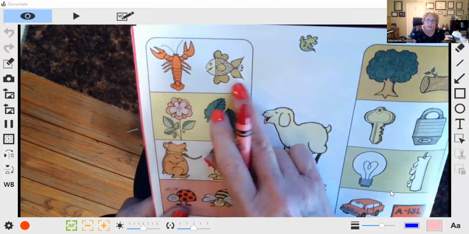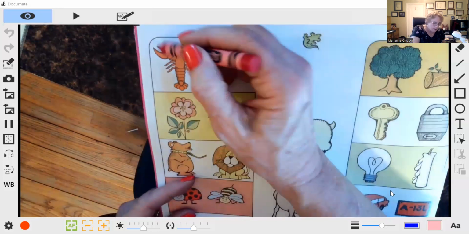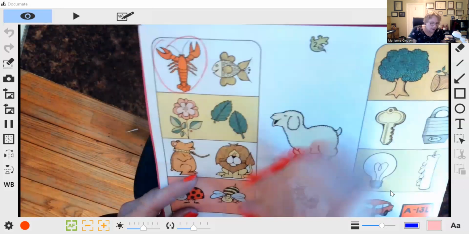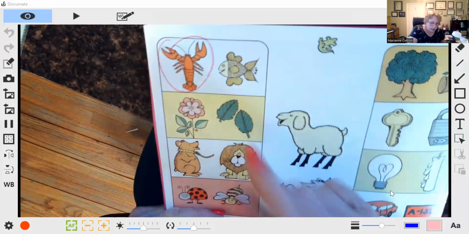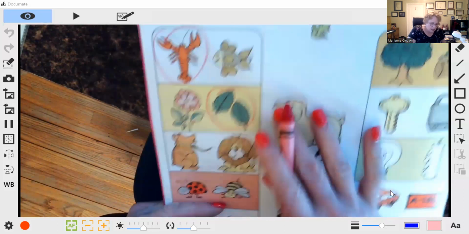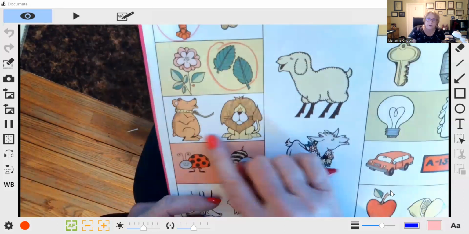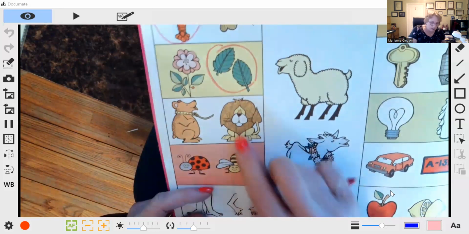Lobster and fish, /l/ lobster. Flower or leaf, /l/ leaf. Bear or lion, /l/ lion.